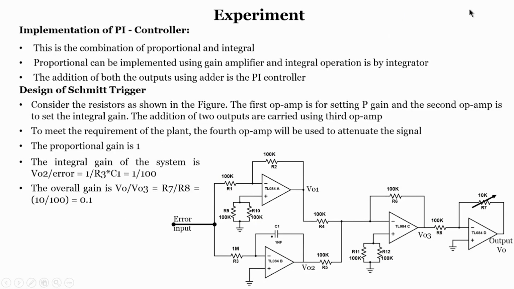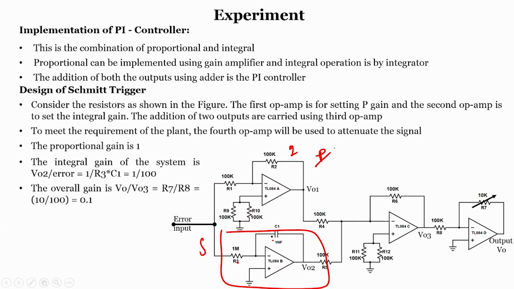If I see the complete system, if you observe the A portion of TL084, TL084 is a quad op amp, so it has 4 op amps inside. The A portion of TL084, the first op amp, has a gain of 1, which is acting as a P. And if you see this B portion of TL084, a resistor and a capacitor, it acts as an integrator, right.